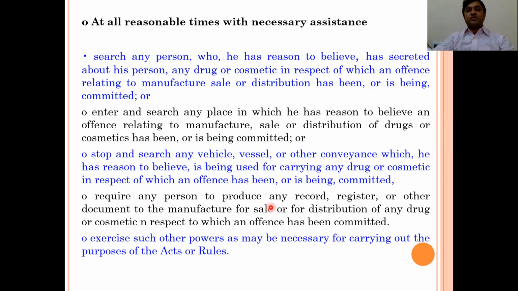He can require any person to produce any record, register or other document relating to manufacture for sale or distribution of any drug or cosmetic in relation to which an offense has been committed. He can exercise such other powers as may be necessary for carrying out the purposes of the Act and rules.